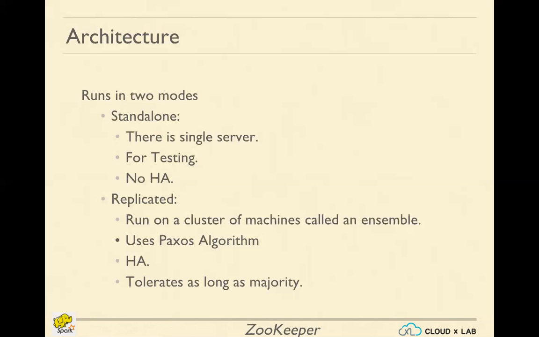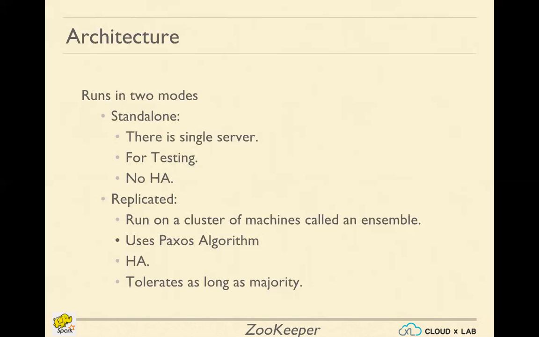Okay, so coming to it, the architecture in case of those master slave kind of models is prone to non high availability. High availability means two parts. One, there's always somebody to answer your queries.